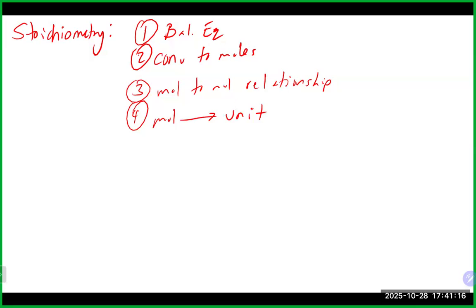Remember that if it's a basic stoichiometry problem, pretty much you're just given one piece of information about somebody in the equation. And that could be a product, could be a reactant, and so forth. You can just really follow these steps to get there.